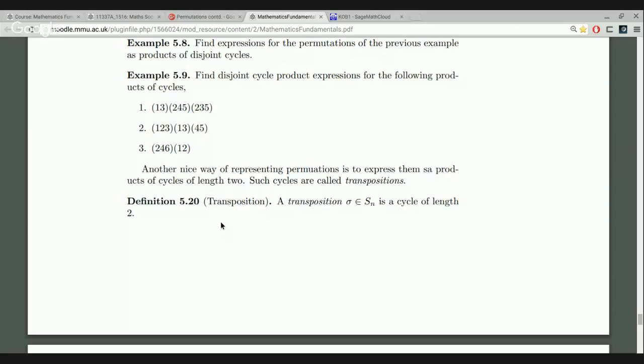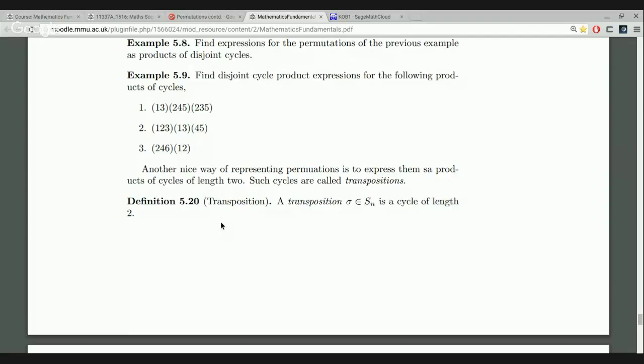Some pair of labels x1, x2, it's just a 2-cycle. You get your two labels x1 and x2. It's the permutation that sends x1 to x2, x2 to x1, and it leaves everything else fixed. Any other labels that are knocking around get sent to themselves by this permutation.